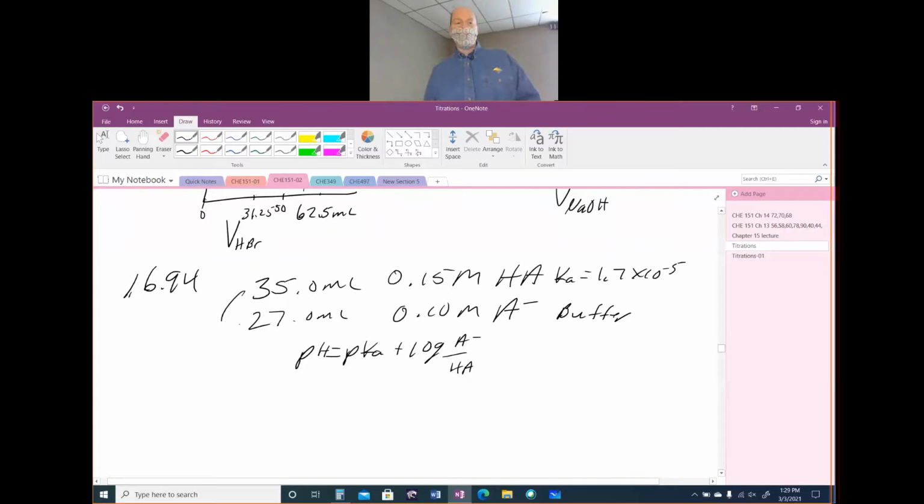You have mixed these, so you have to do MV equals MV for your HA and for your A minus. That is the concentration of your HA and A minus in this buffer. It's not a buffer until you mix them together.